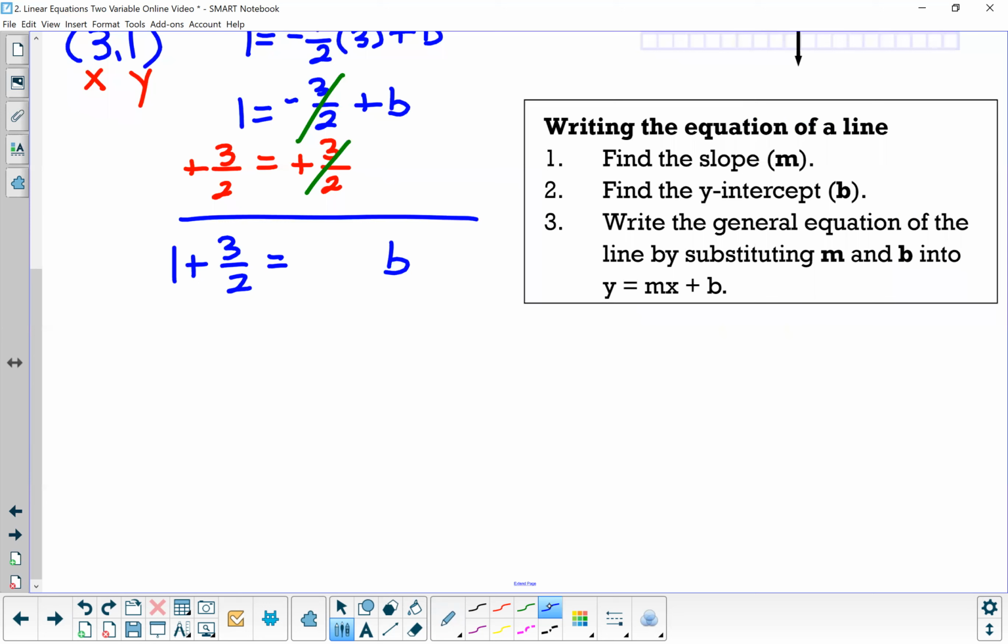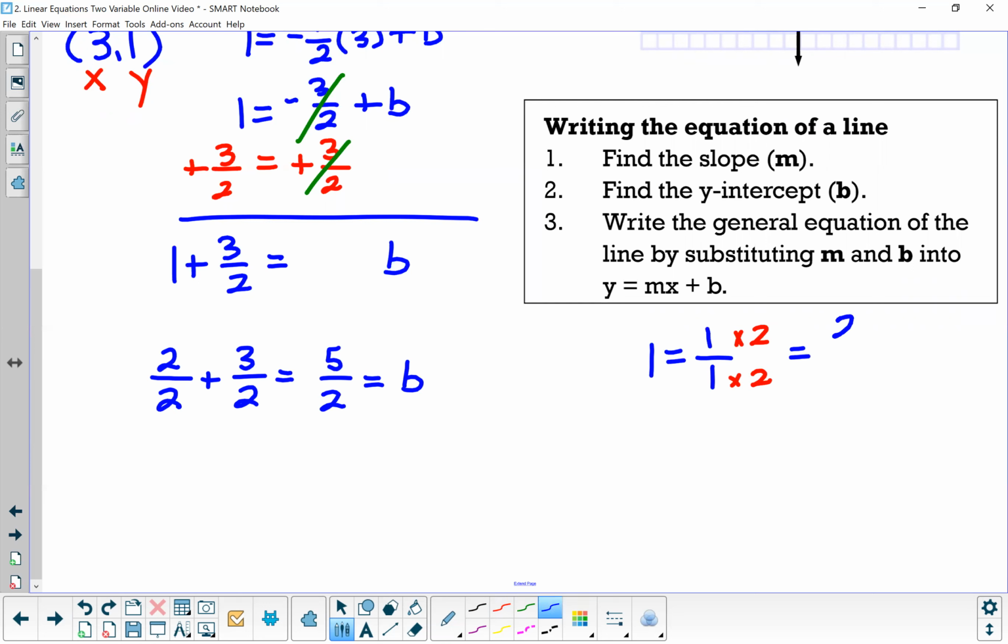So we want a denominator of 2. So 1 is equal to 2/2 plus 3/2. So that's equal to 5/2, which is our b. If you're not sure how I got that 2/2, remember 1 as a fraction is equal to 1/1. And then with a denominator of 2, you need to multiply by 2/2.